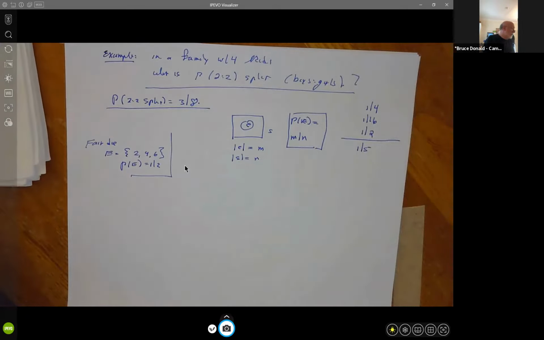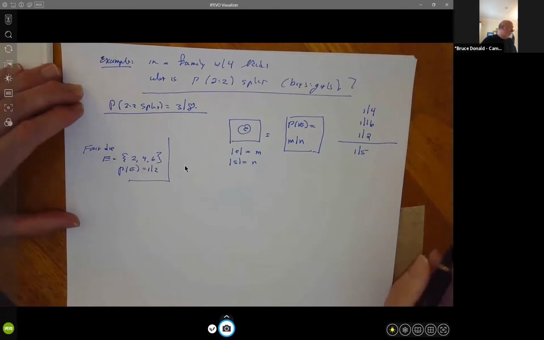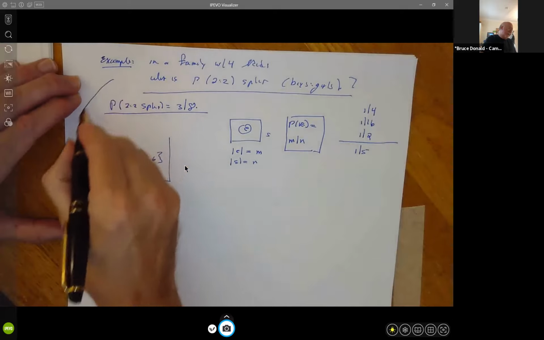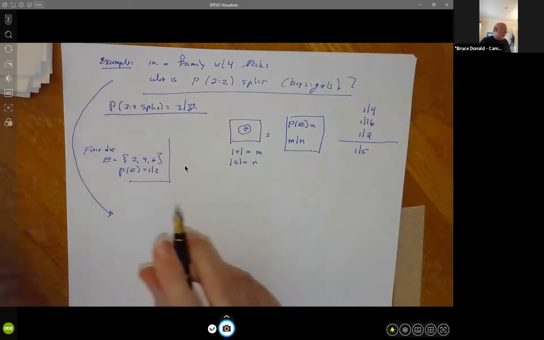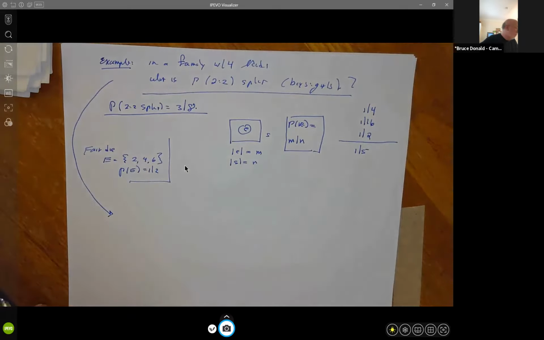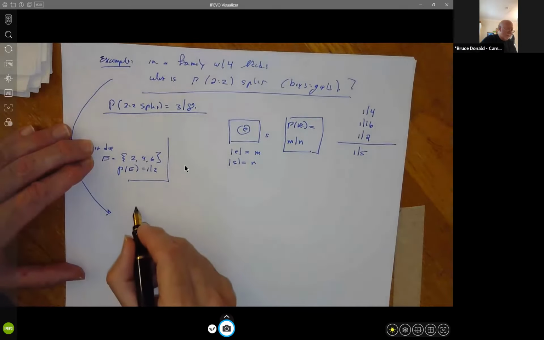Okay, so let's go back to our case of boys and girls in a family and see how we might calculate that. I'll give you the basis for doing this. We have outcomes which we will assume are equally likely. One outcome might be all boys.